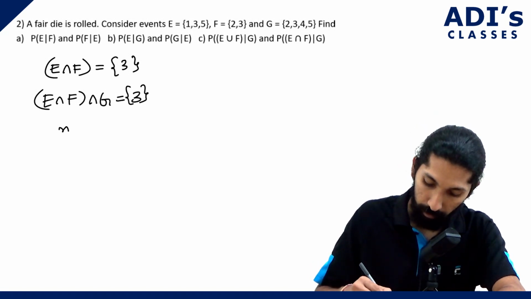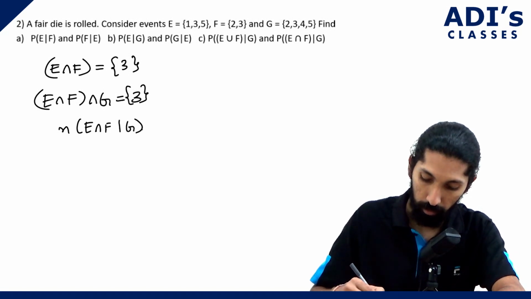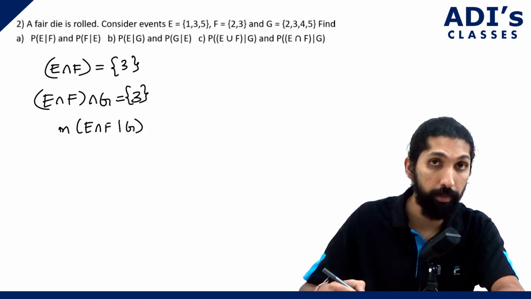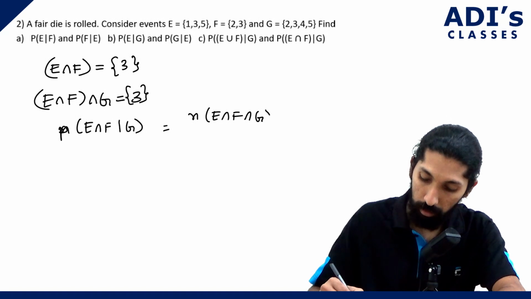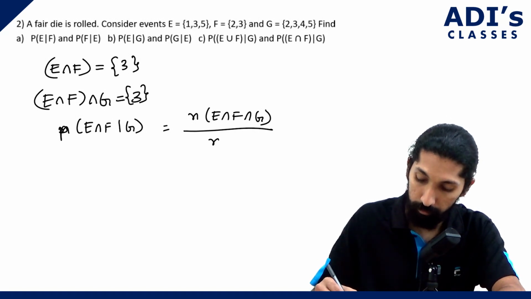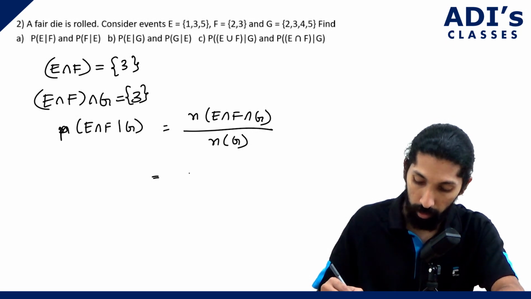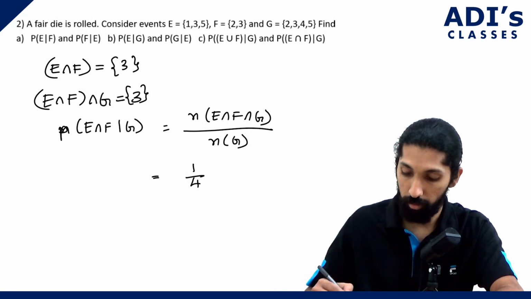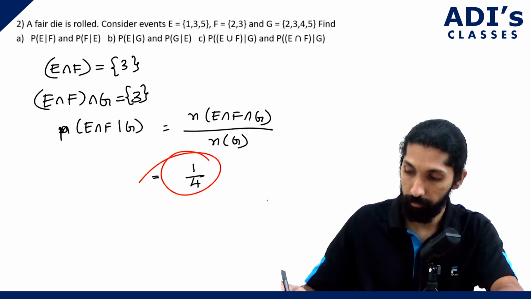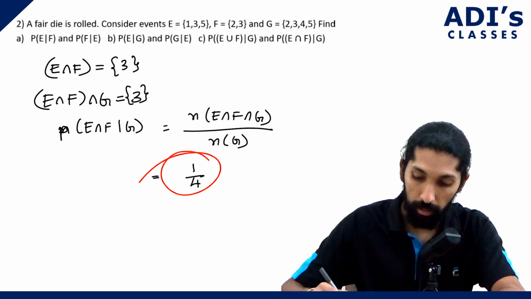So the probability is n of E intersection F intersection G by n of G. So this is going to be just 1 out of 4. So the answer is 1 by 4. Fair enough. So this is the answer for the last one.